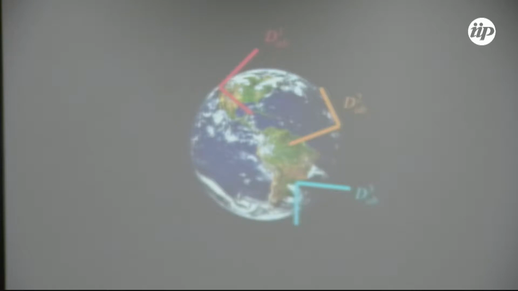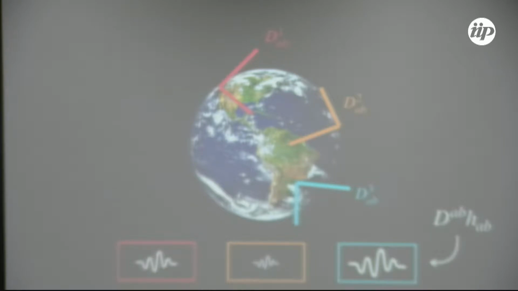Then you have a gravitational wave that comes from space somewhere, and that is characterized by its own tensor that describes the stretching and squeezing along these characteristic lines. And this you can decompose into the 2 polarizations, as I showed last time. So the gravitational wave goes through the Earth, and it will ring up the different instruments, but the response in each of the instruments will be slightly different because each of them is taking a different projection of this original geometrical strain object.